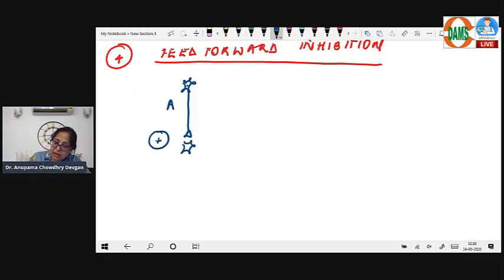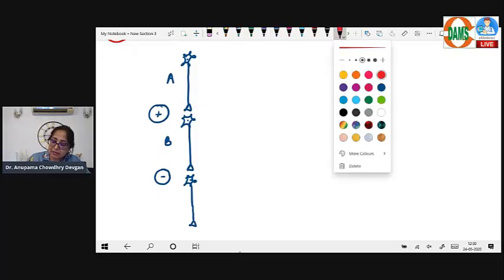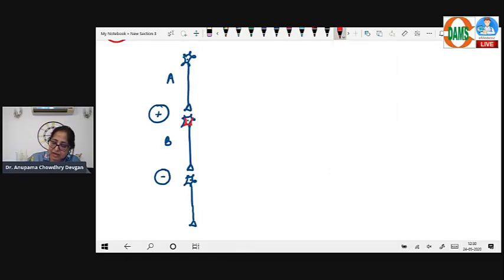Neuron A excites neuron B, which in turn inhibits neuron C. A excites B, but B inhibits C. That means basically neuron B releases an inhibitory neurotransmitter, which now inhibits C.